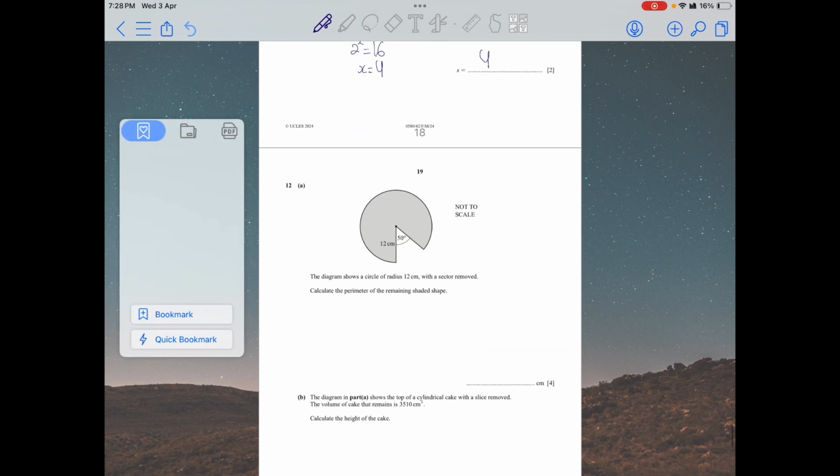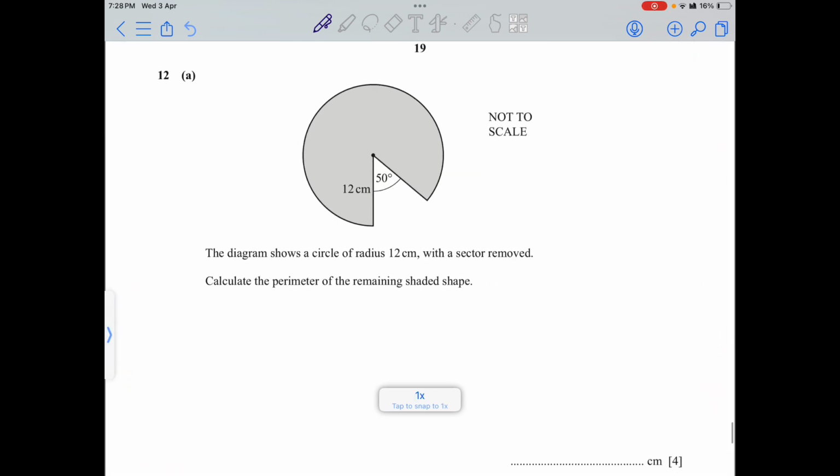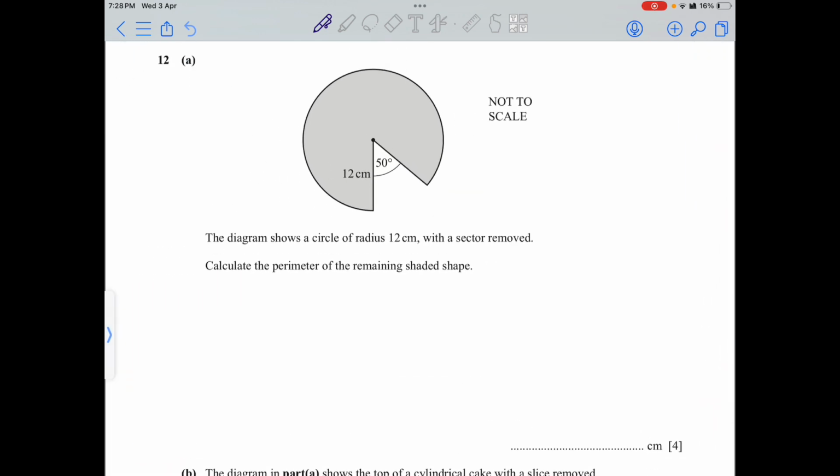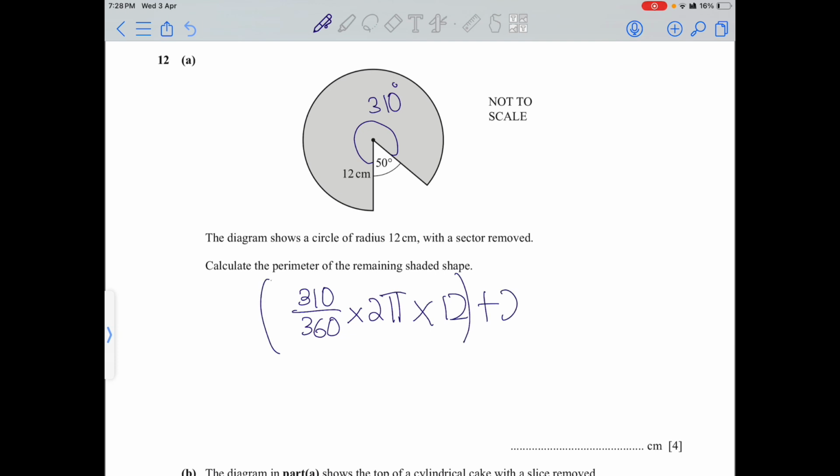Then it says the diagram shows a circle of radius 12 cm with a sector removed. Calculate the perimeter of the remaining shape. Now to calculate the perimeter, this angle would be 310, since 360 minus 50 is 310. So 310 over 360 into 2 pi into 12, plus, I also have to add the two 12 sides because these are also outside.